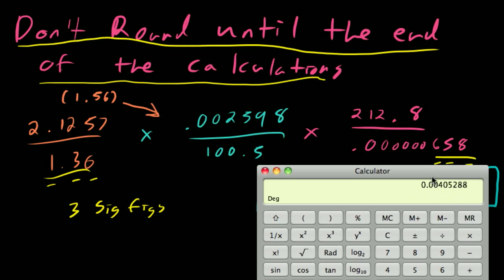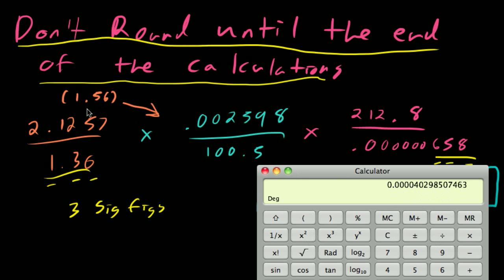I've got 3 here. So let's round to 3. So we have 0.00405. So clear this, and I'm just going to dump all of these extra decimal places. So clear, 0.00405.